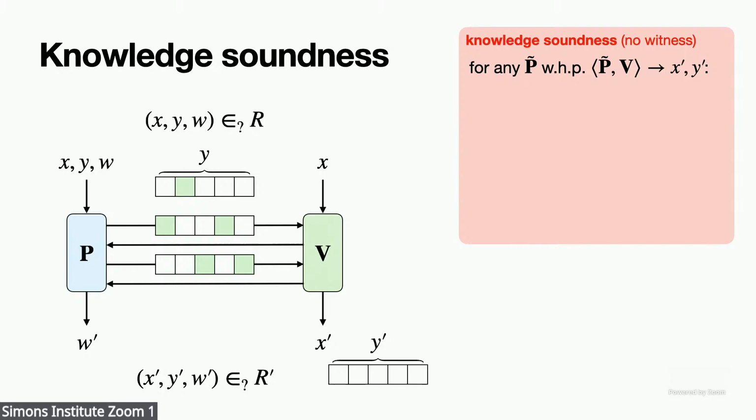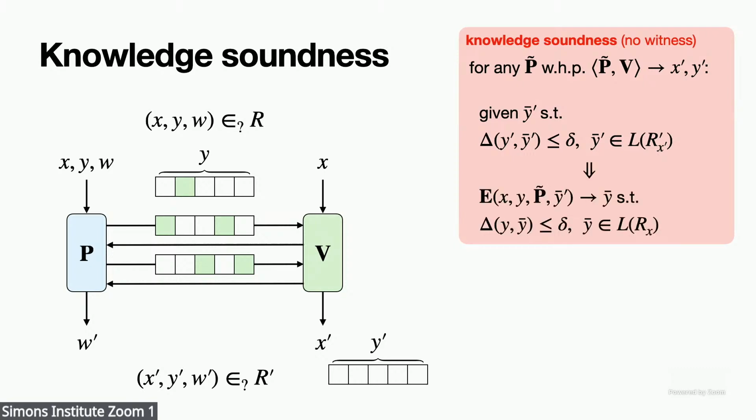So basically, the knowledge soundness definition is as follows. For any malicious prover, with high probability the following occurs. Given some y bar prime, which you can think of as being the actual instance, which explains why the new instance is actually close to the new relation, we can extract, given the prover and y bar prime, some y bar, which explains why the old instance was actually close to the language.